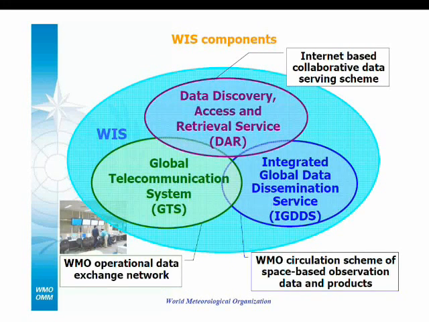WIS comprises three components. One is GTS, which already exists. Second one is IGDDS. IGDDS stands for Integrated Global Data Dissemination Service. I will explain the detail later. And the third one is DAR service.